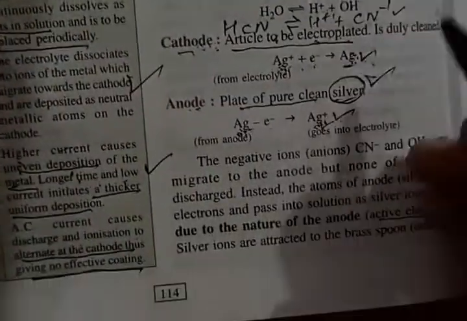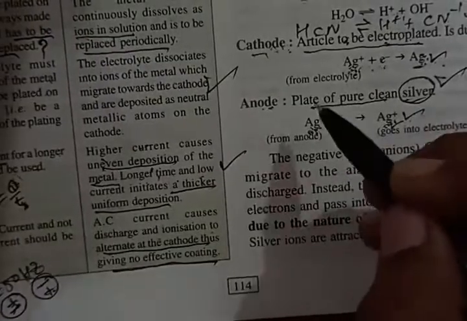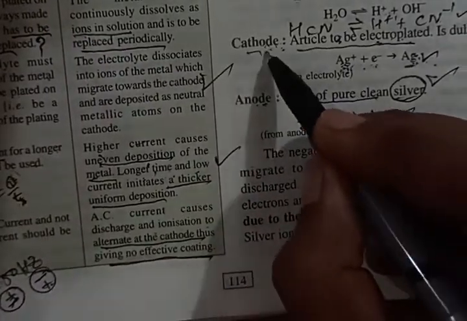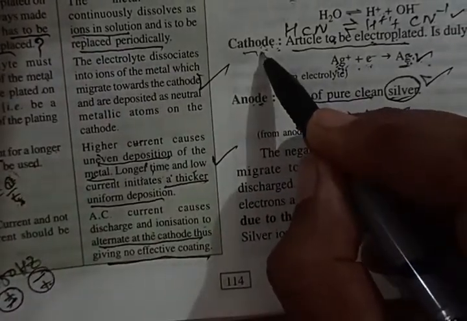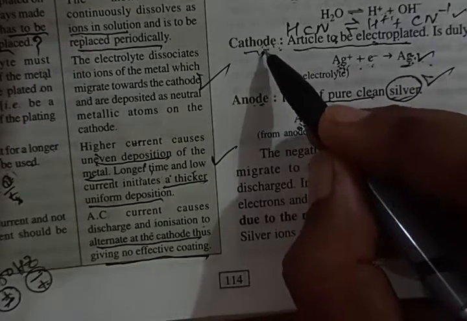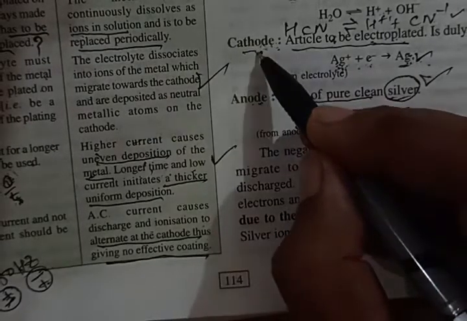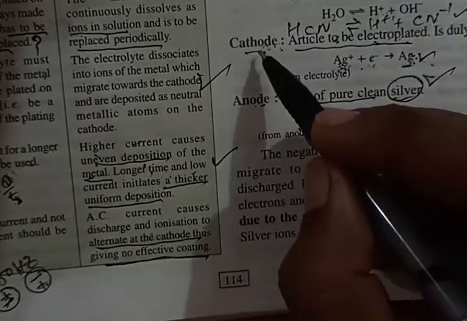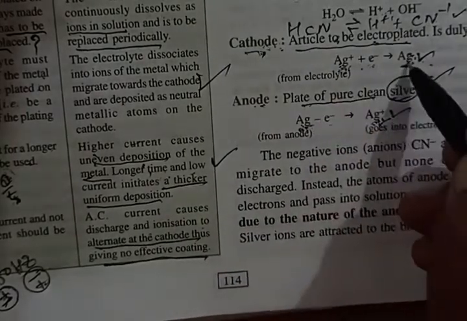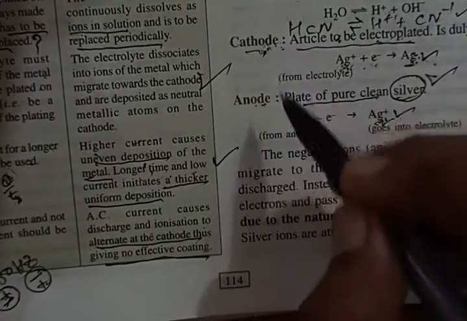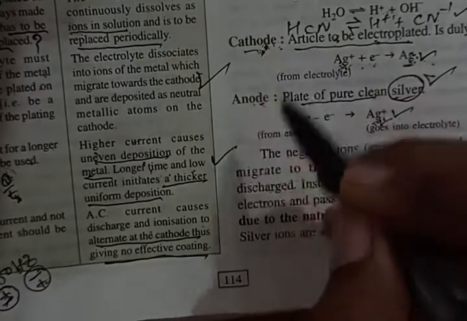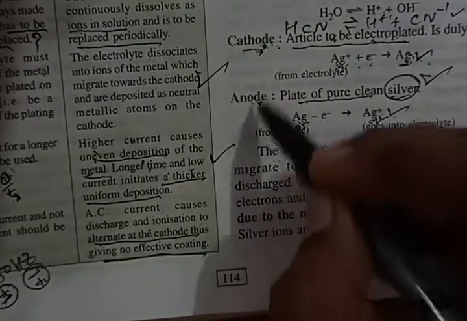See, if the polarity of cathode and anode keeps on changing, this is connected with the negative terminal, that is why it is called the cathode. But if after some time it becomes positive, then it becomes the anode. If it is the cathode, silver ion will deposit. When this becomes the anode, then this becomes the cathode. They are alternating, no?